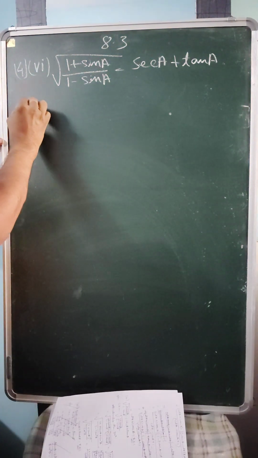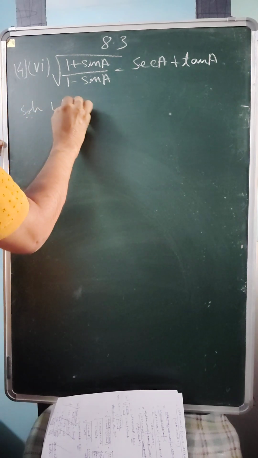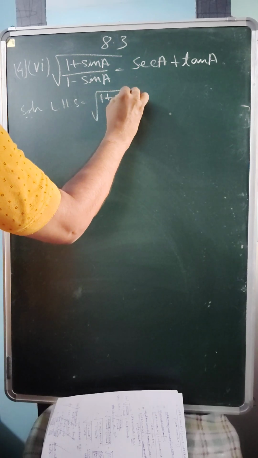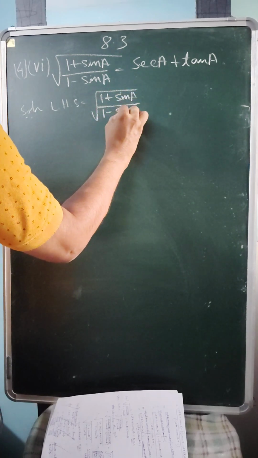Now, solution. LHS is equal to root of (1 plus sine A) whole divided by (1 minus sine A).